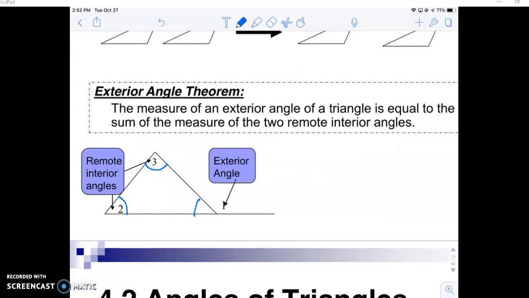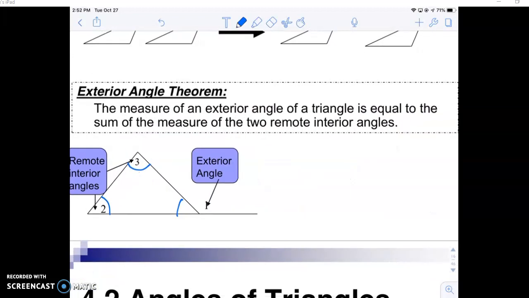If we know some information about exterior angles, we can solve for angles that are inside. What the exterior angle theorem tells us is the measure of an exterior angle of a triangle is equal to the sum of the measures of the two remote interior angles.